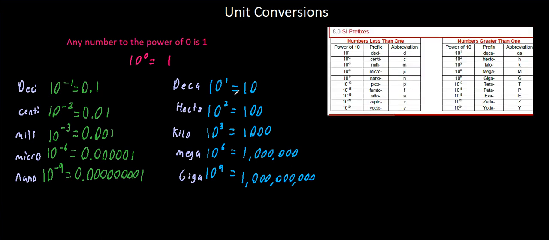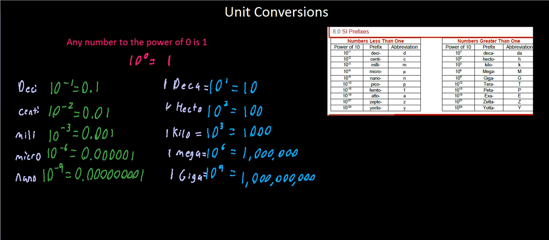But one of the cool things about this chart is we can say that 1 decameter is equal to 10 regular meters, or 1 decabyte is equal to 10 regular bytes, or a more common way to put it is 1 kilometer is 1,000 regular meters, or 1 kilobyte is 1,000 bytes, and so on and so forth. So we can say 1 mega is equal to 10 to the sixth, or a million regular, or 1 giga is equal to 10 to the ninth, or a billion of whatever we're talking about, whether it's bytes or meters or whatever.